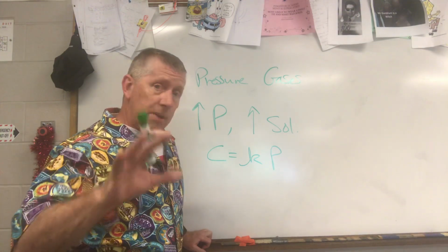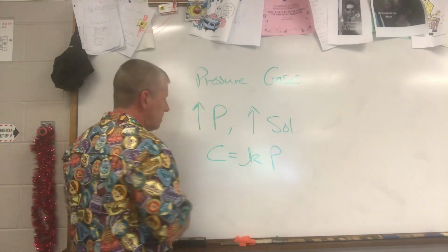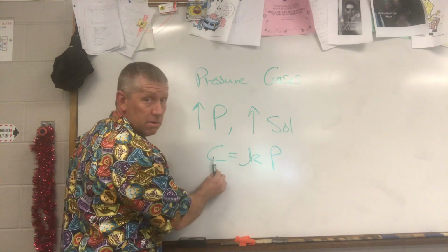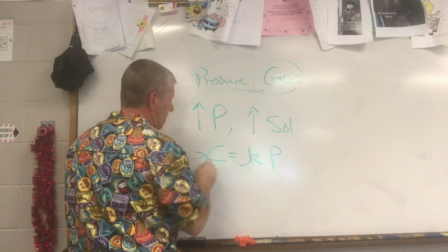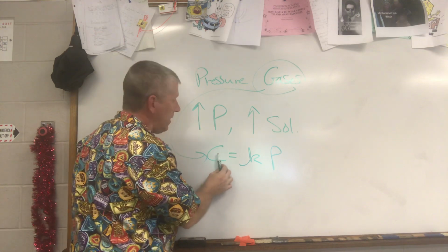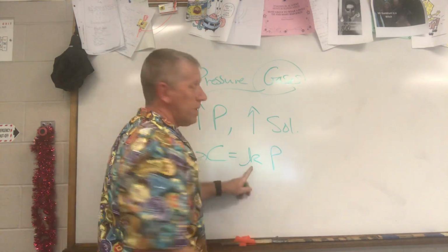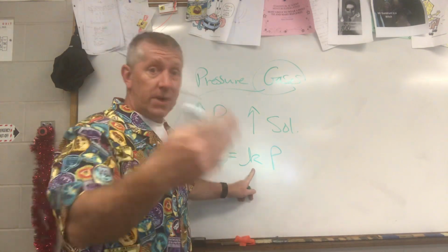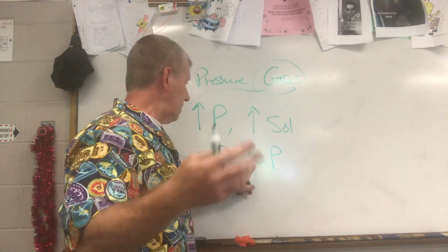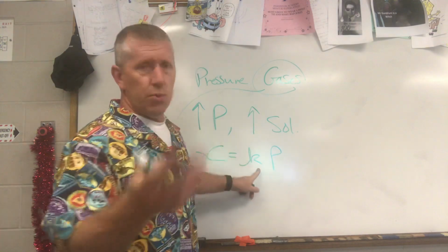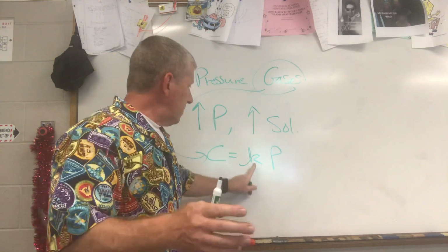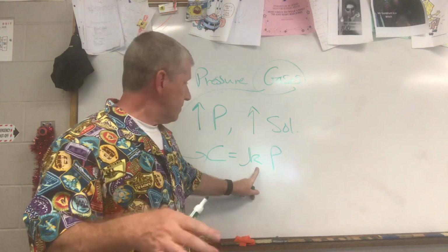What I want you to know from Henry's law is about that concentration of dissolved gas is equal to K times P. This K is a constant, depending on what the gas is. It could be CO2, it could be oxygen, it could be carbon monoxide, it could be nitrogen, whatever the gas is. There's going to be a different value for K for that.